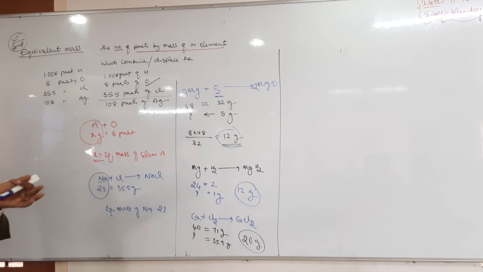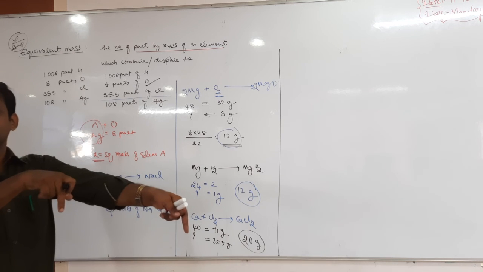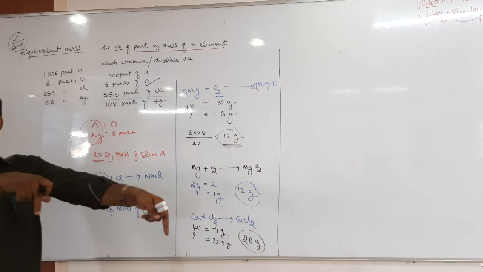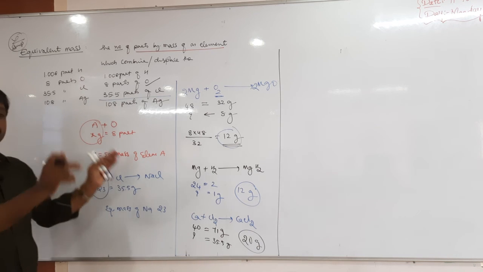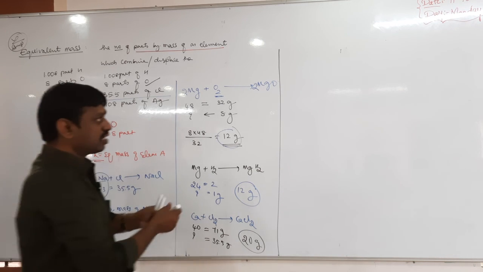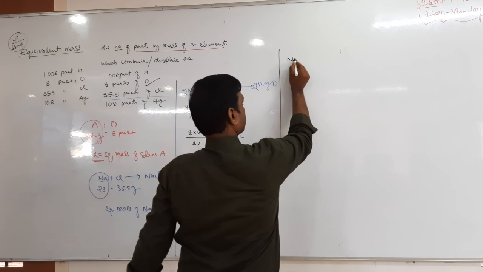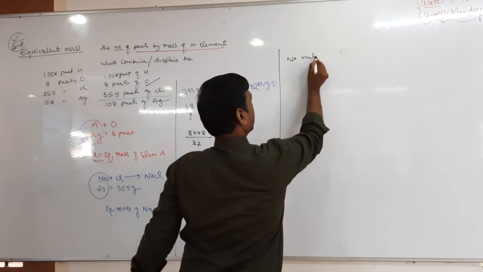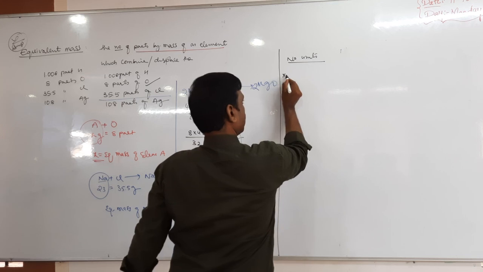So it is a comparison value or relative value. How many parts combining with how many parts? Since it is a relative value, it has no unit. Therefore, equivalent mass has no units.